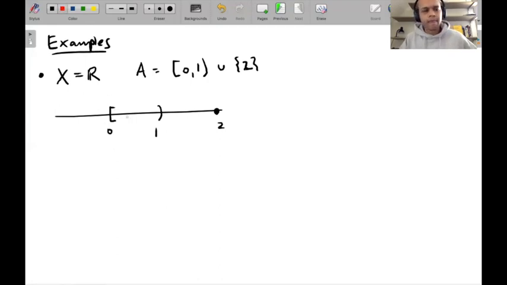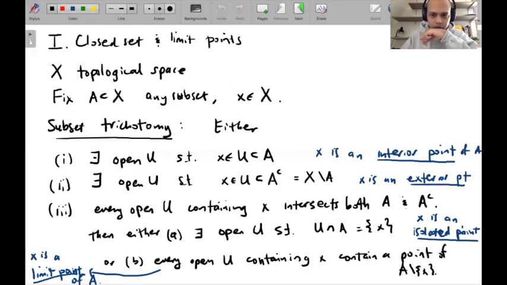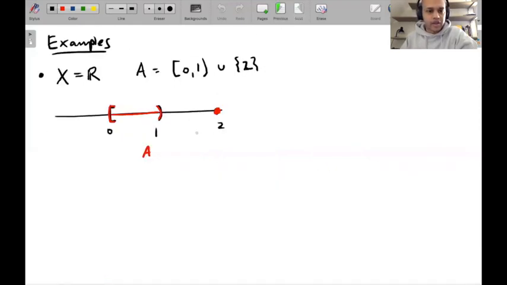Let me use some colors. Okay, so this is A. Right, so this is a trichotomy, or I guess it's a quadchotomy, whatever. There's 4 cases. Every point is either an interior point, exterior point, isolated point, or limit point. Let's see which points are which.